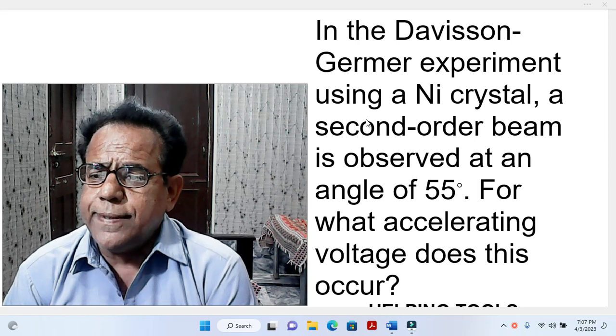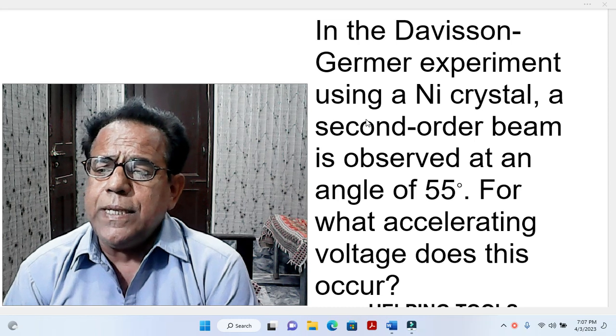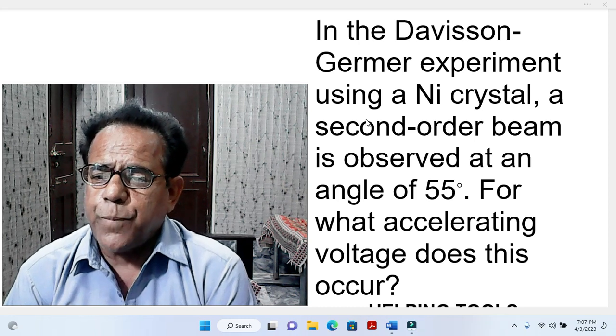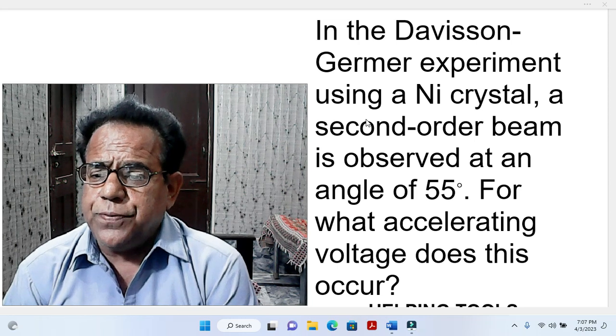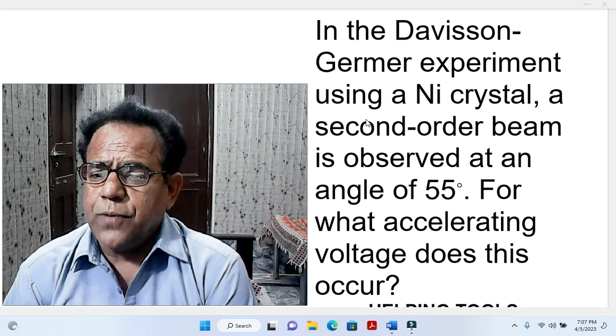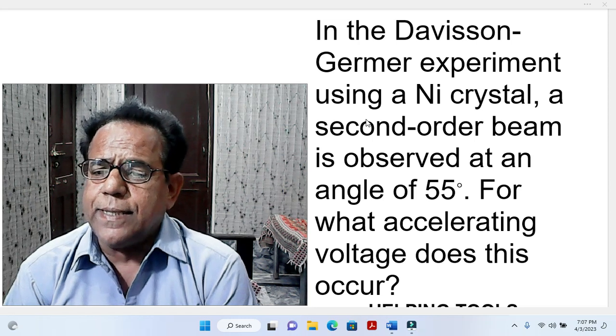Dear students, second order means n equal to 2. At an angle of 55 degree. For what accelerating voltage does this occur?